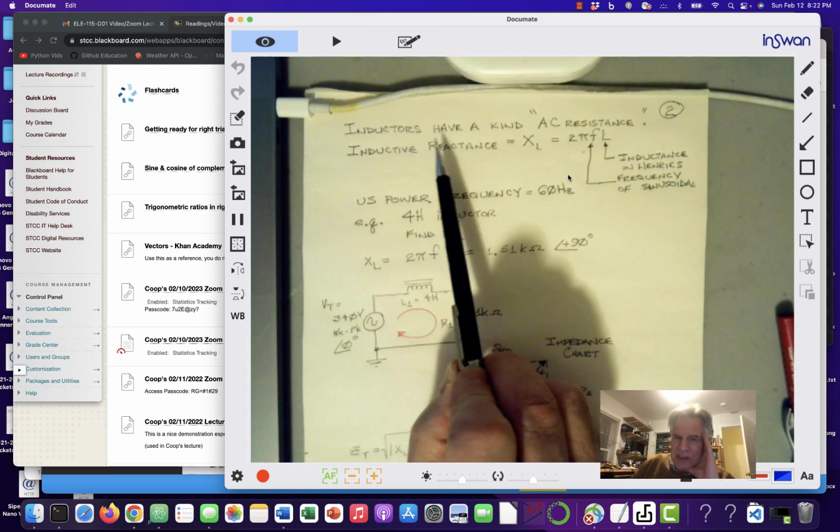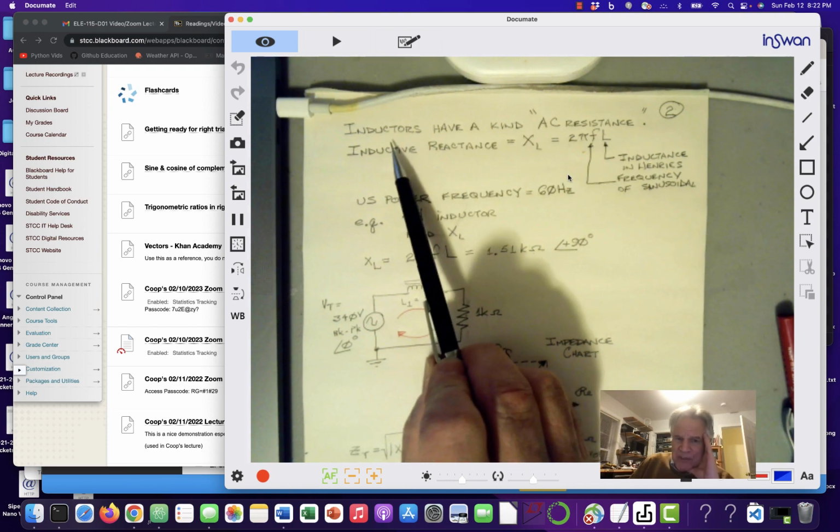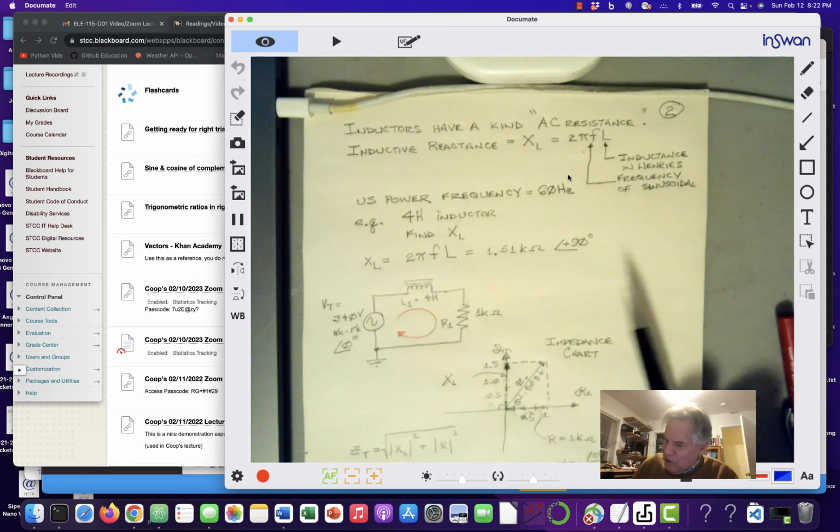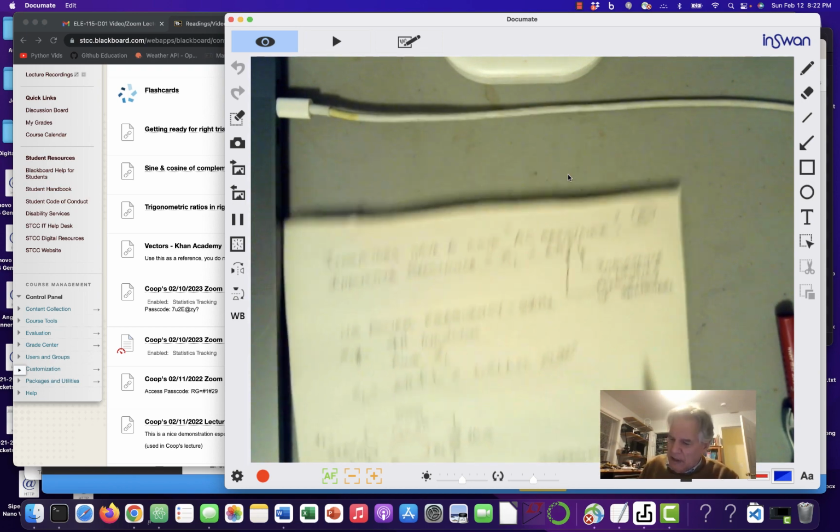We know that because inductors have this Lenz's law property. You put some current into them, or you cause a current to flow in them. Inductors do not like changes in current.